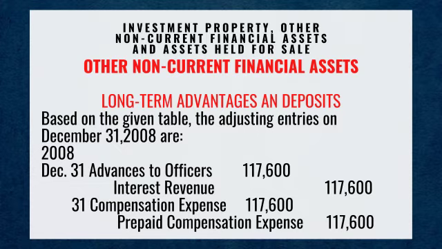Based on the given table, the adjusting entries on December 31st, 2008 are: 2008, December 31st, debit advances to officers, 117,600 pesos. Credit interest revenue, 117,600 pesos.